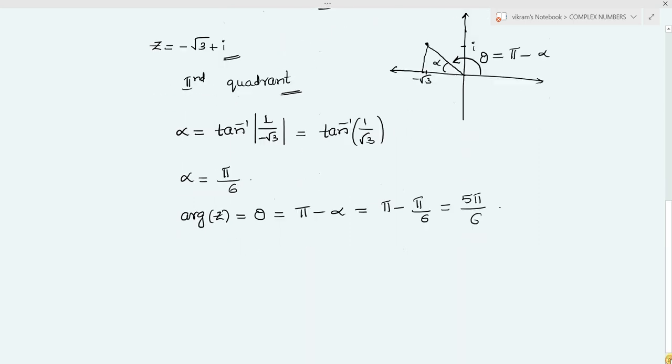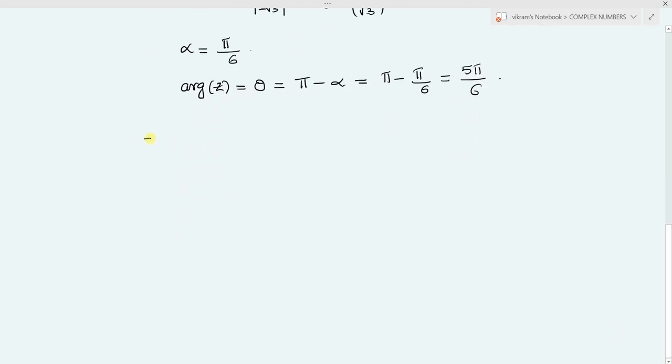So what is the modulus amplitude form of a complex number z equals x plus iy? It can be written as z equals r times cos theta plus i sin theta.